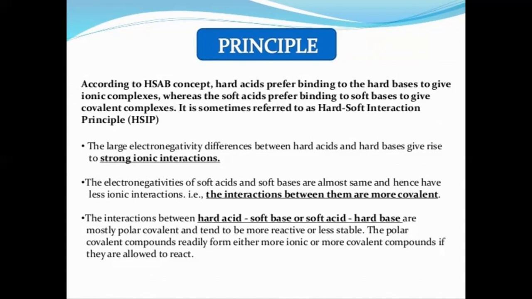The large electronegativity differences between hard acids and hard bases give strong ionic interactions. The electronegativities of the soft acid and soft bases are almost the same, hence they have less ionic interactions.